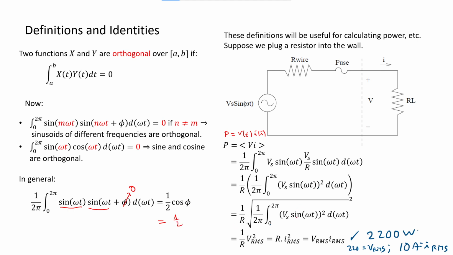It means sine is not orthogonal to itself, so the integral over a period is not 0. So you have the final result of this integral: 1 over R times all of this squared, and we call this the root mean square value.